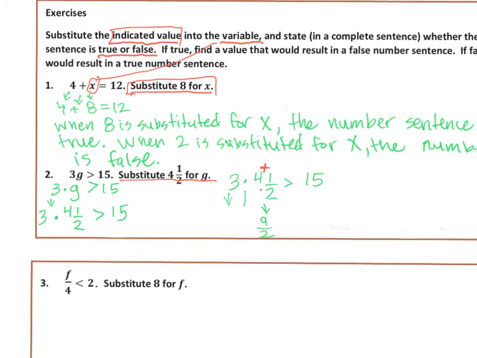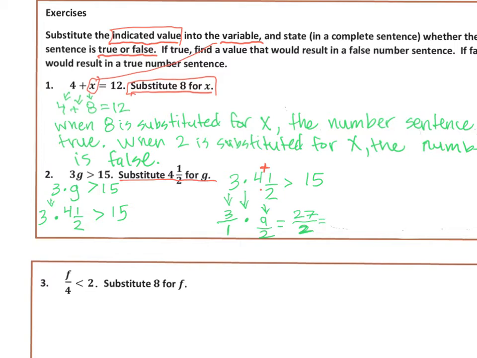We drop down the multiplication sign and the whole number, but the whole number becomes over 1. So 3 times 9 is going to give us 27. That's going to be 27 on the top, our numerator, and then 2 is the bottom, our denominator.